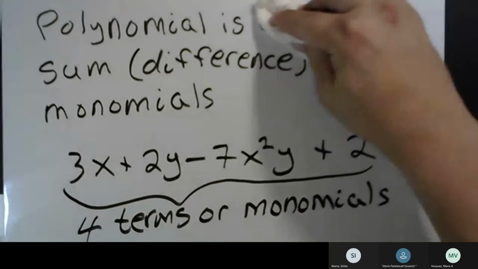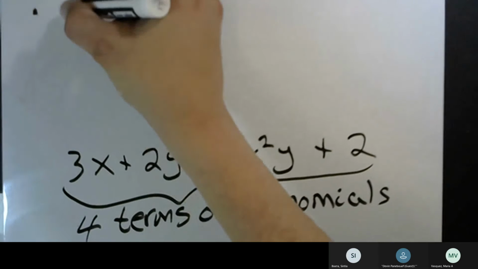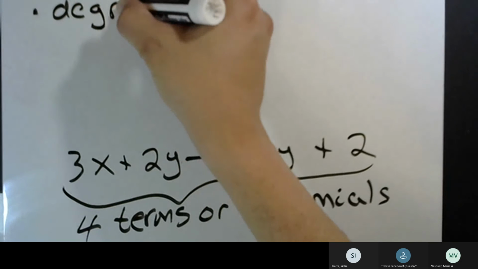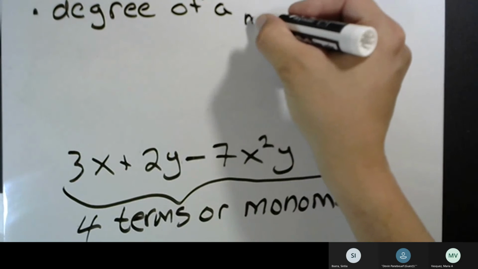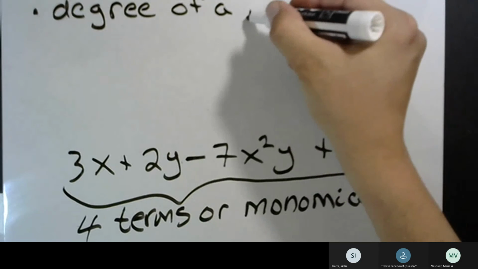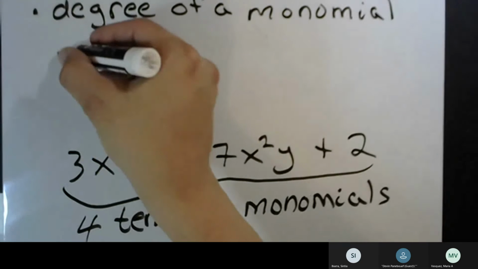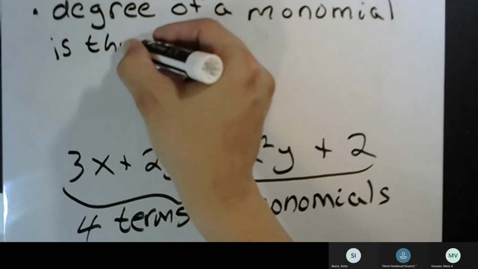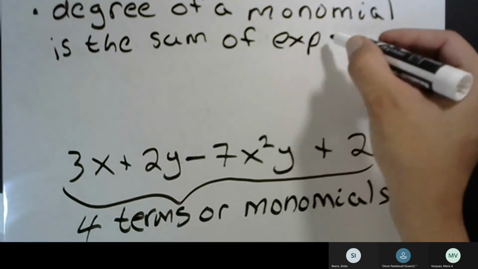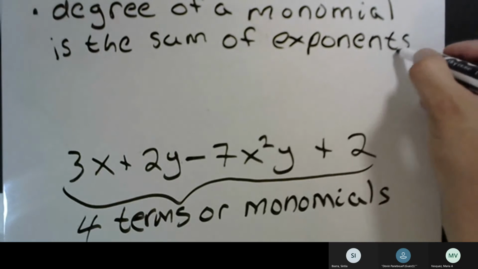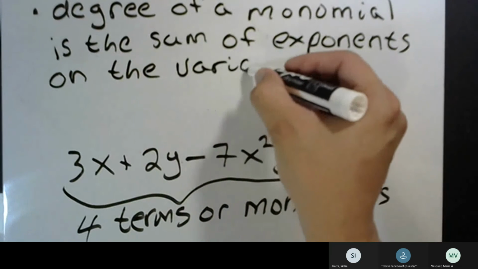So, to put it more formally, the degree of a monomial is exactly the sum of exponents on the variables. It's only exponents on the variables.